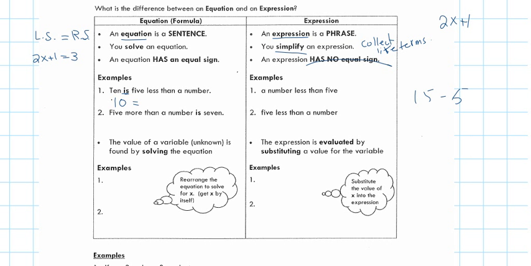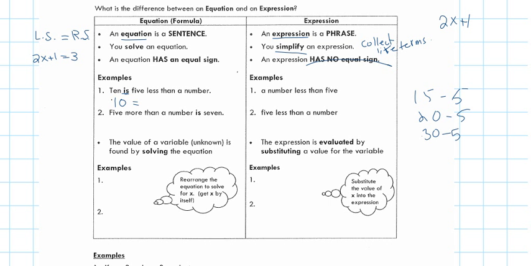How do you write that? 20 minus 5. 5 less than 30? 30 minus 5, right? 5 less than a number, x.